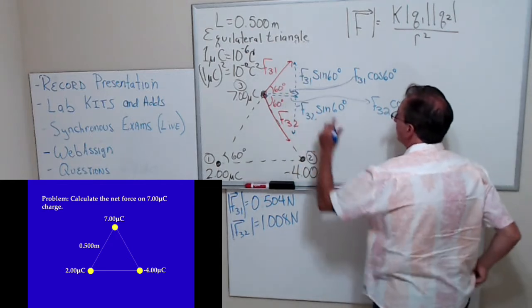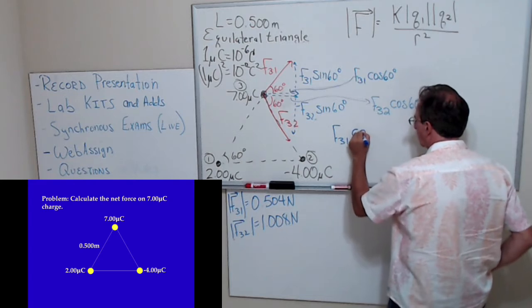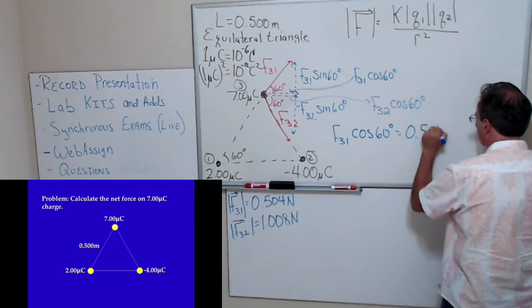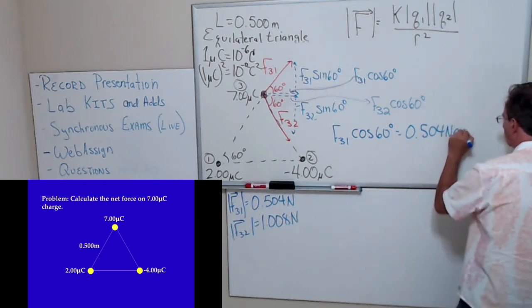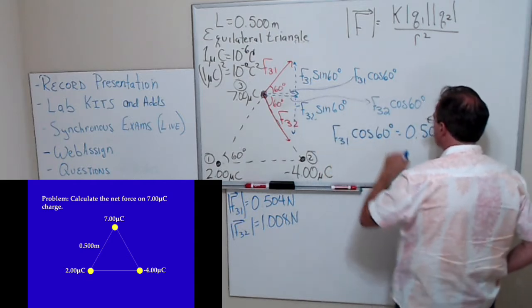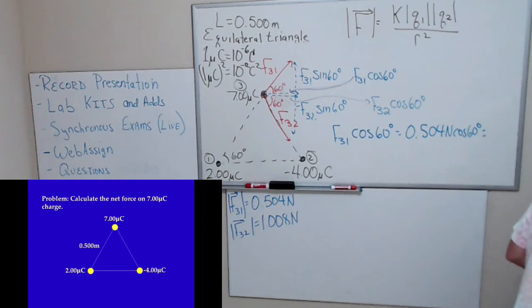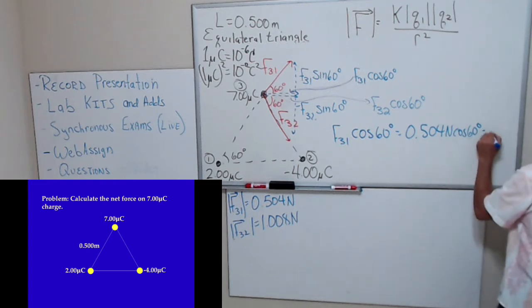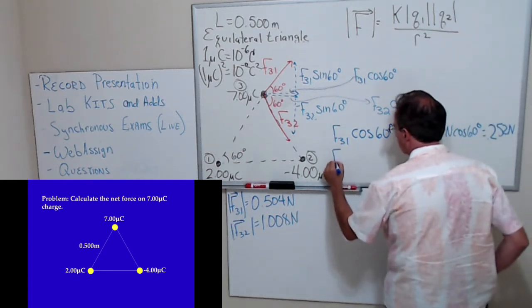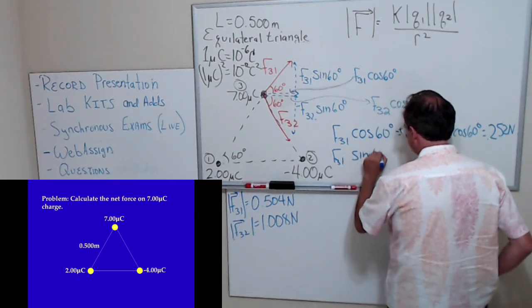So let's start with the top one. F31 cosine of 60. So that's this guy. And this comes out to about 0.252. F31 sine of 60.